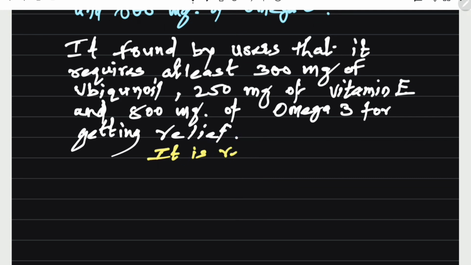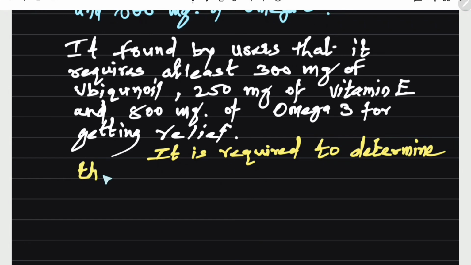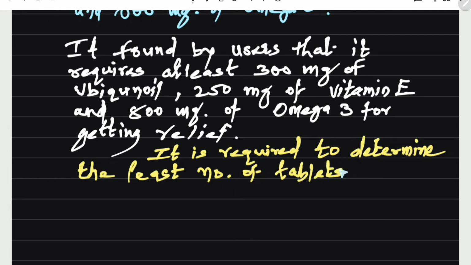Then question is, it is required to determine the least number of tablets. Least, again word least is important here.